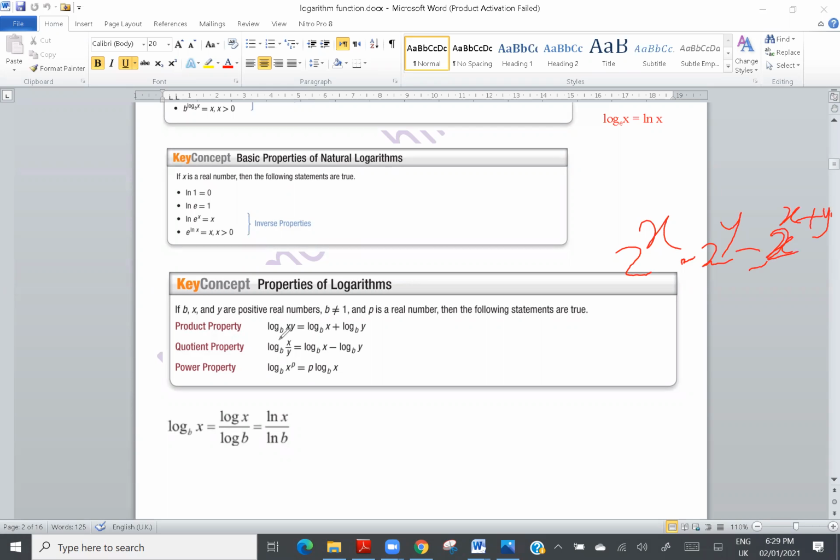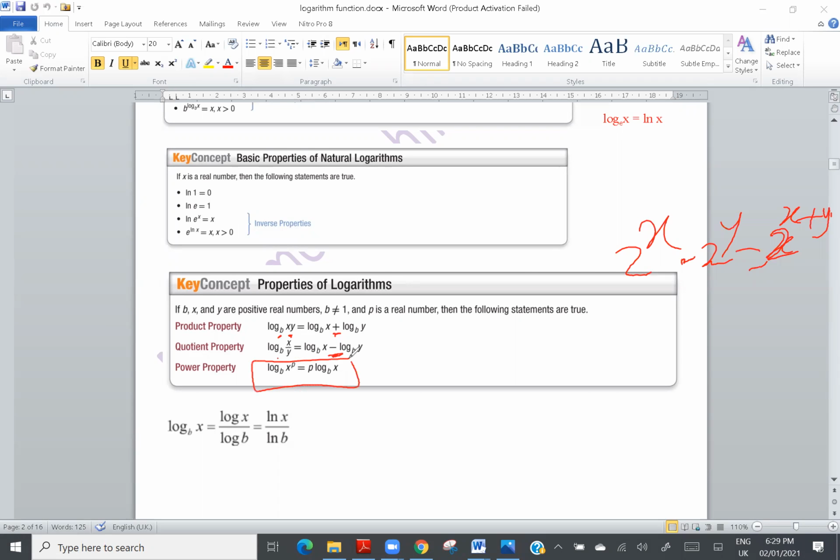So here also, if you have the log of the product of two numbers, you can distribute it by addition, like this: log b of x times y is log b x plus log b y. If it's divided, it will be minus. But be careful, they must have the same base b.